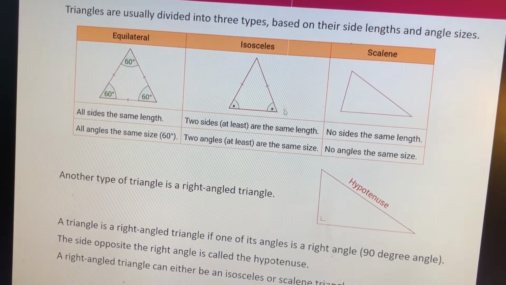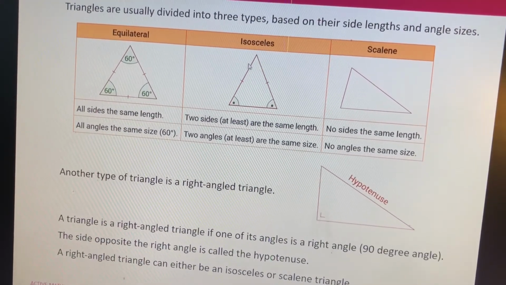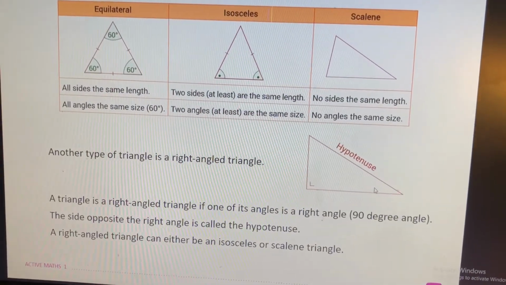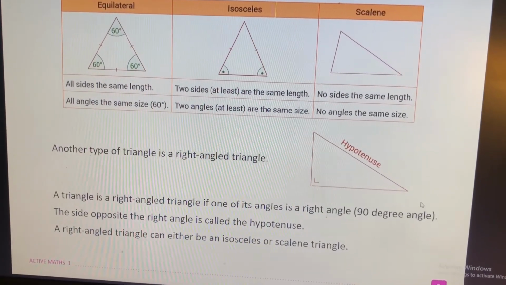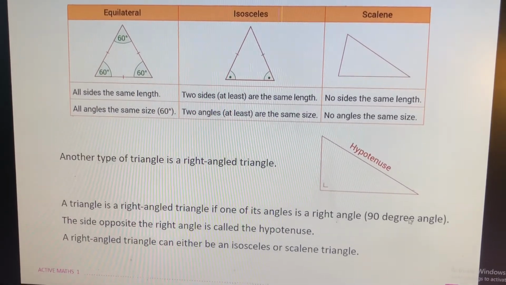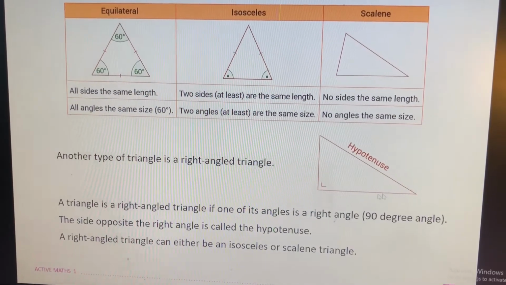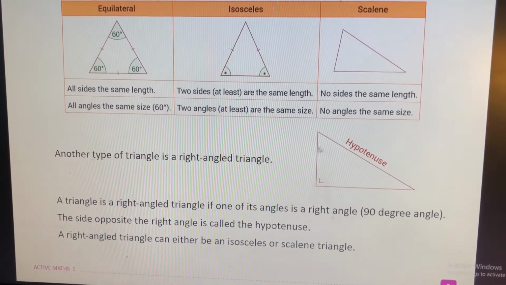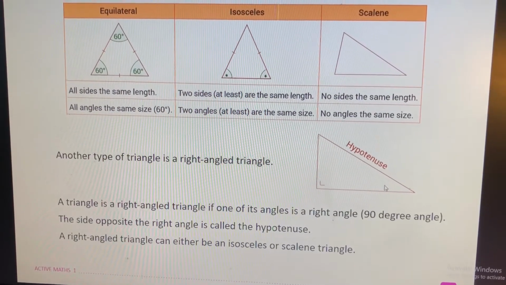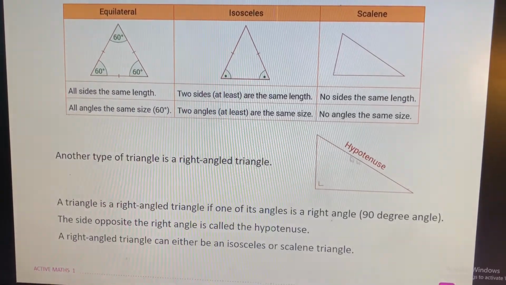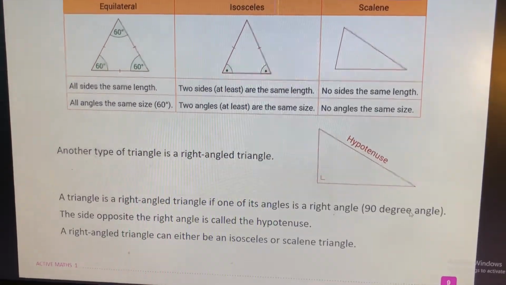So if you imagine we made this a little bit wider so it was 90 degrees, then the two ends would be 45 and 45, and that would be an example of an isosceles that's also a right-angled triangle. Alternatively, which looks like this one, it will be scalene. So these two will be different to each other, and neither of them will be 90 degrees, so all three angles will be different.